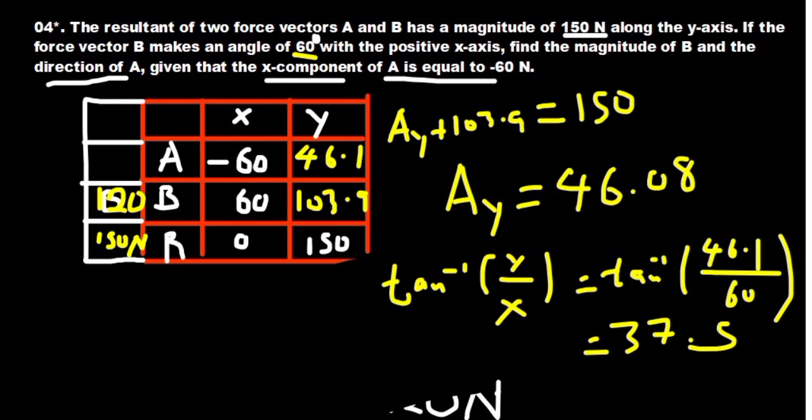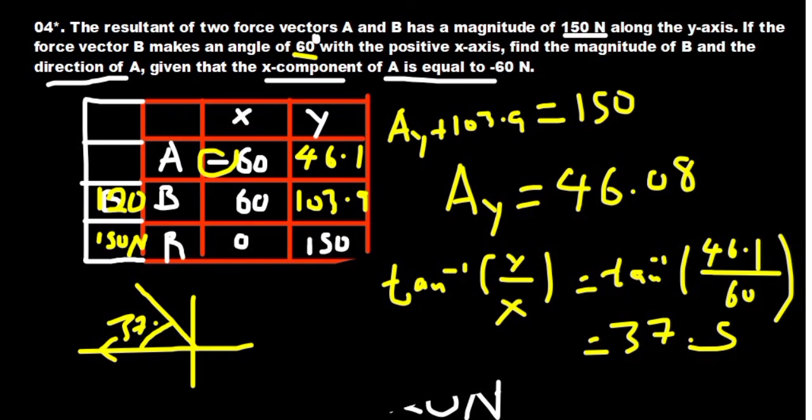So you go to the quadrants. Our x component is negative, so it's obviously going to be towards the left. But the y component is positive, so it's obviously going to be somewhere there. To find an angle in the second quadrant, you subtract from 180. The 37.5 is here.